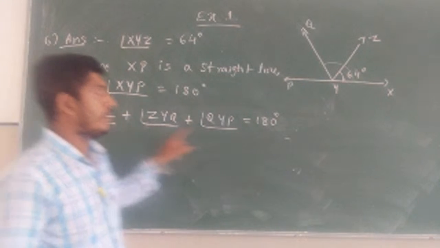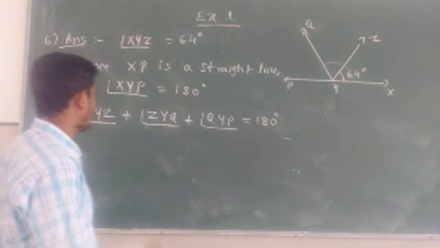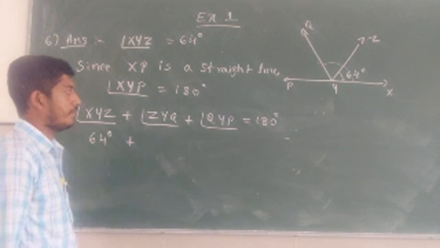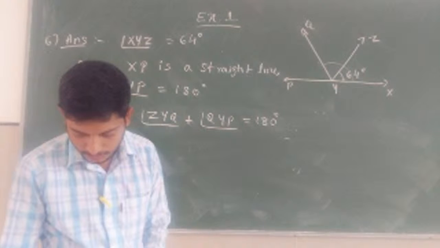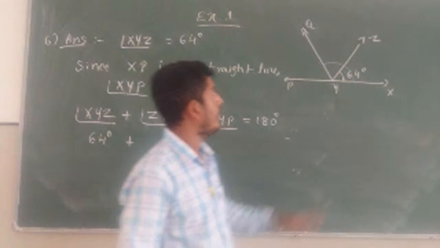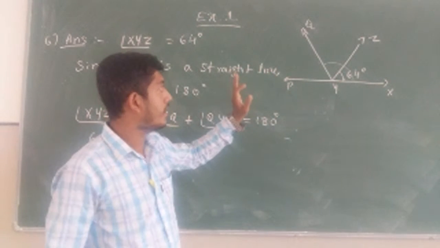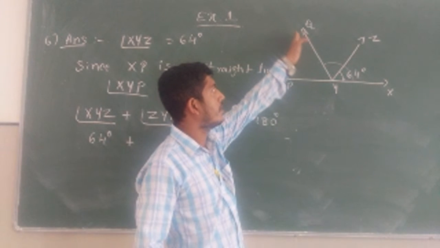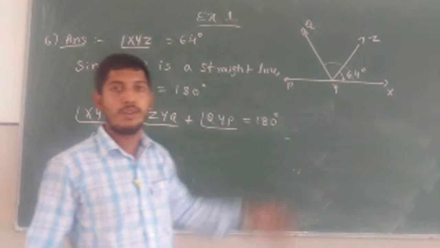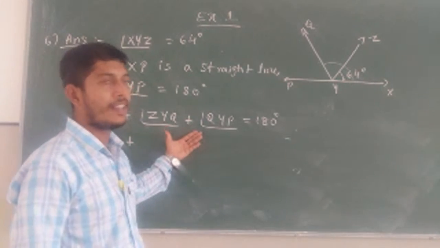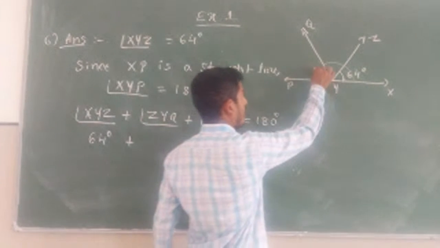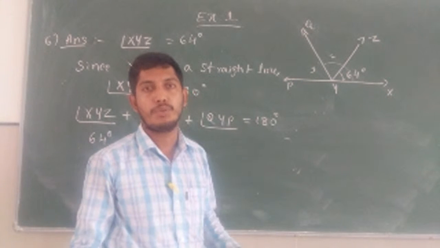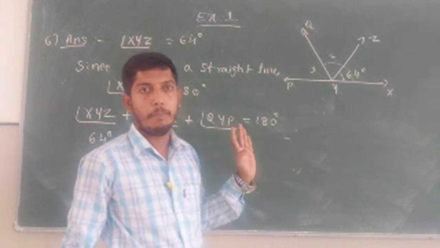Then angle XYZ equals 60 plus. Now we have to find out angle ZYQ and QYP, and the line YQ is a bisector. So these two angles are equal to each other. The second and third angles are equal because YQ is a bisector.